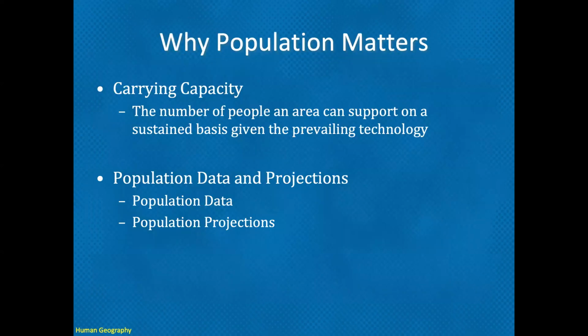Again, why population matters. The number of people in an area that can be sustained with the prevailing technology is called the carrying capacity. And if you haven't met your carrying capacity, that means you're in good shape. If you exceed your carrying capacity, that's when issues of hunger and lack of resources become a problem.